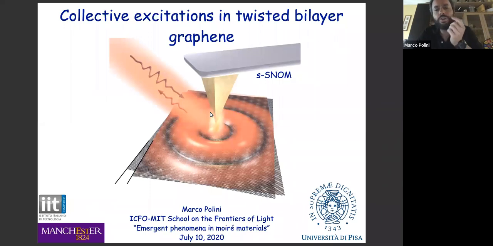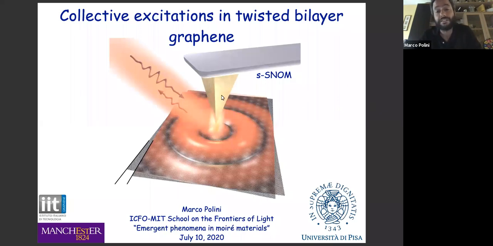So I'm going to talk about some experiments and our theory interpretation. The experiments have been done at ICFO on samples by Pablo Jarillo-Herrero, done at MIT, and it's essentially light-matter interactions. You see there is this beautiful image here. It's a cartoon. But there is the tip, and probably Dmitri Basov already talked a lot about this. It's scattering-type scanning near-field optical microscopy.